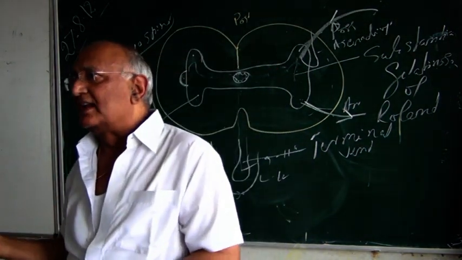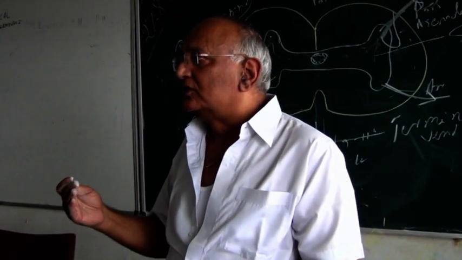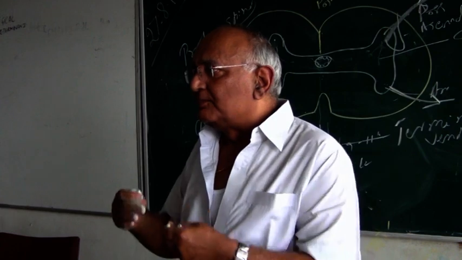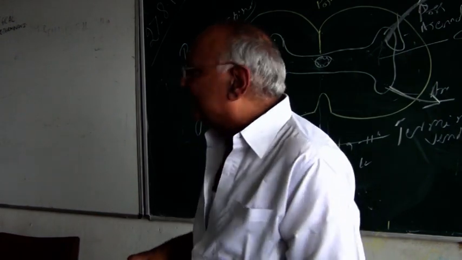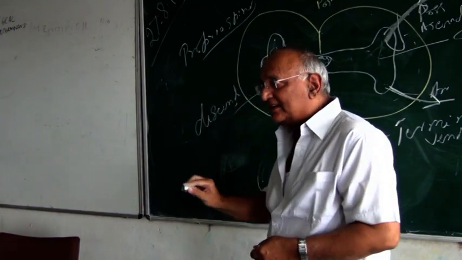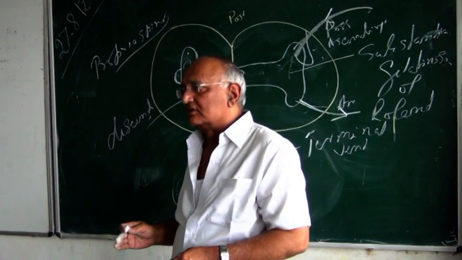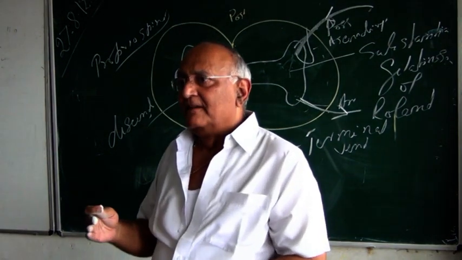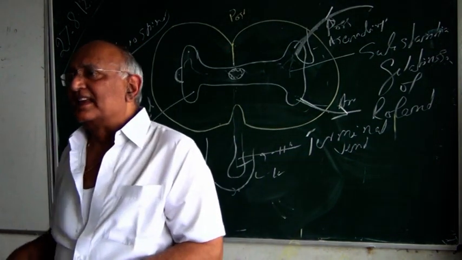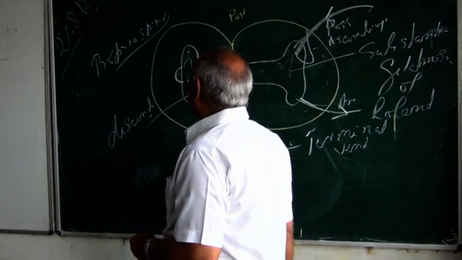We have talked about that in the peripheral nervous system. In the sacral region, sacral 2, 3, 4 gives parasympathetic outflow. But they don't have anything like a lateral horn over there. Some cells are there which are separate from the anterior horn cells and posterior horn cells, and they send parasympathetic outflow, but there is nothing like lateral horn cells over there.